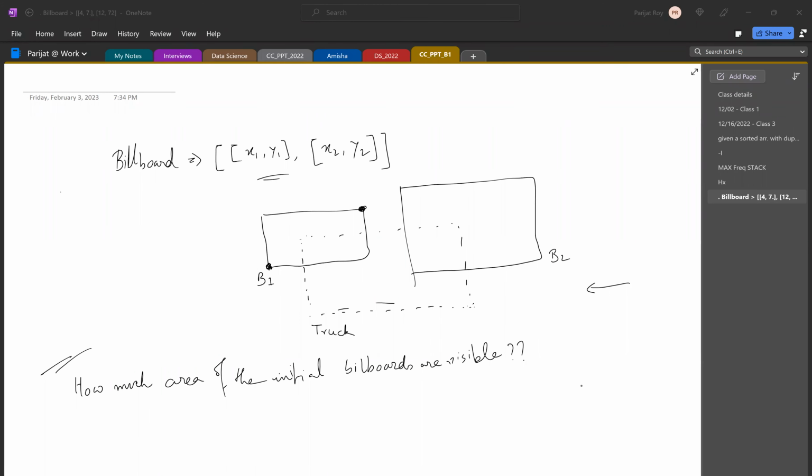Think about it a bit, then we'll discuss. If anyone has any inputs, you can just unmute and talk. We can come up with an approach.